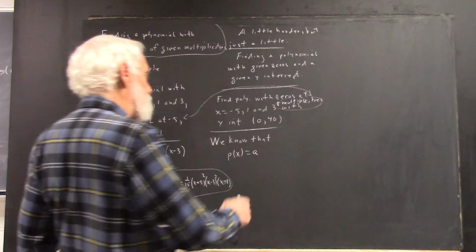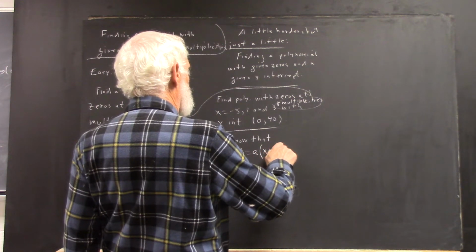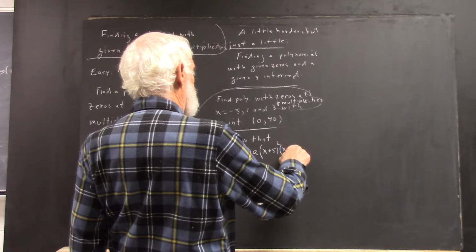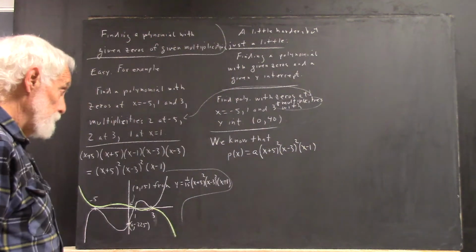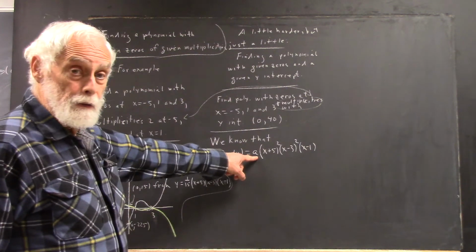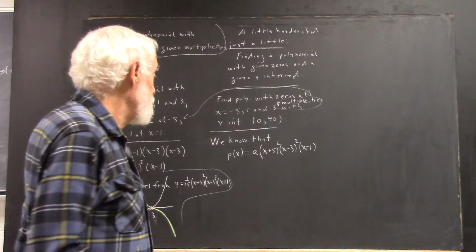What we know is that P of x is some multiple of x plus 5 squared times x minus 3 squared times x minus 1. And we want to find the multiple, the a. That's our vertical stretch factor.